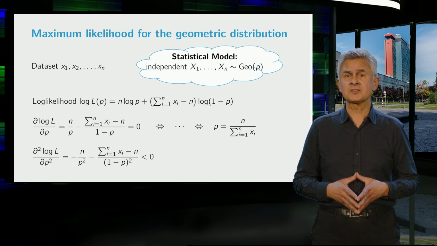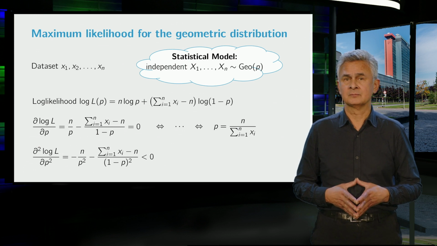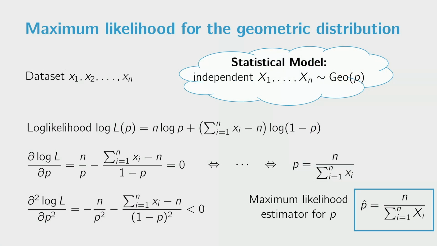The second derivative is again strictly negative, so that we have a maximum. And we conclude that n over the sum of the capital Xi is the maximum likelihood estimator for p. Note that in this way we have derived a general formula for the maximum likelihood estimator for any dataset generated from a geometric distribution.